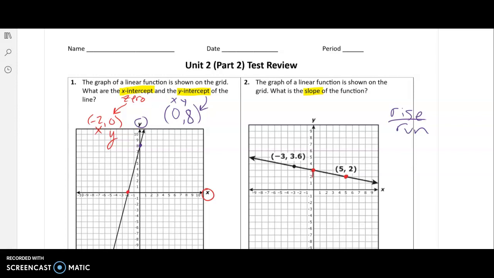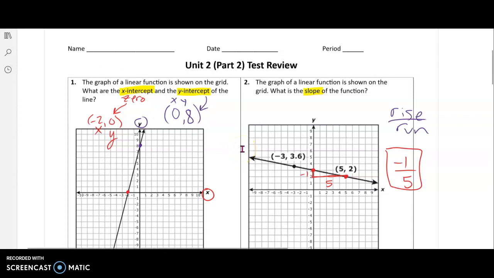So I'm going down from left to right. I'm going down and over. Down means my slope is going to be negative because our line is decreasing from left to right. So how much is it decreasing? -1. That goes on top. That's the rise. And then how much is it going over to the right? It's going over 5 units. That's our run. Our slope is -1 over 5, -1/5.